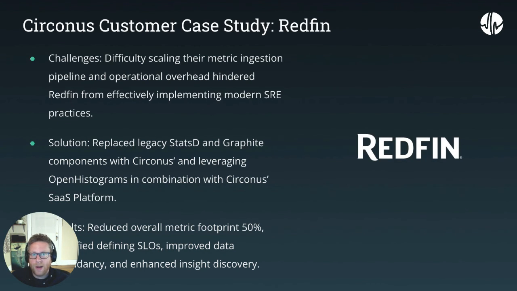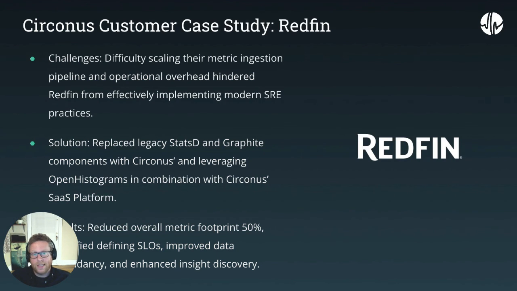Redfin is a real estate listing and brokerage service, and they rely on Graphite for monitoring of the various applications and services that power their web and mobile experiences. Historically, Redfin had relied on a legacy conventional Graphite deployment.